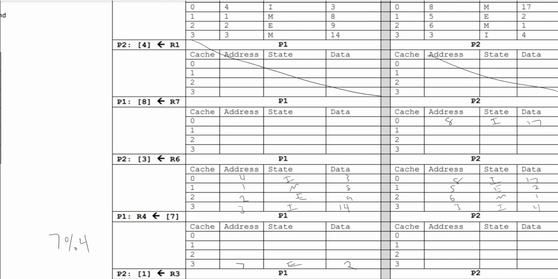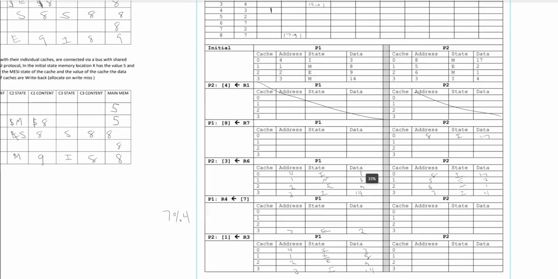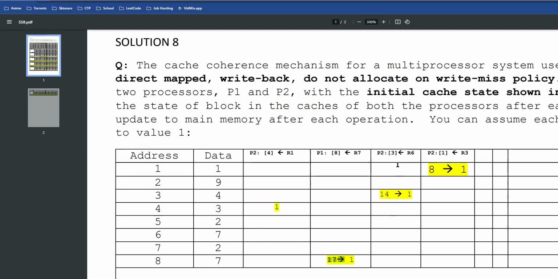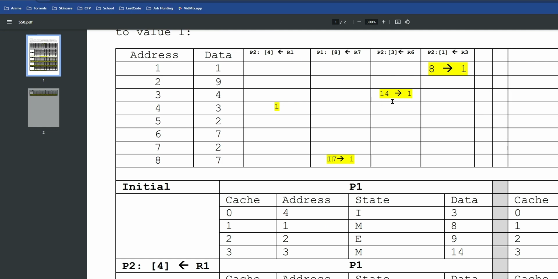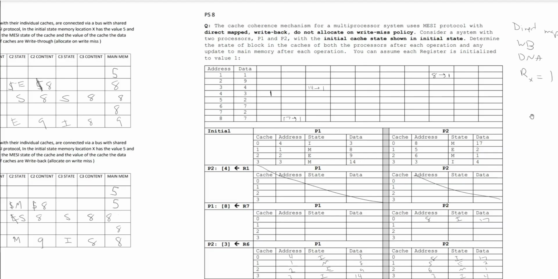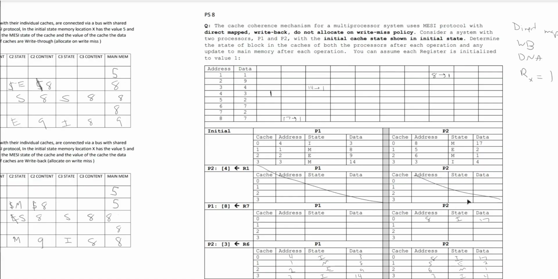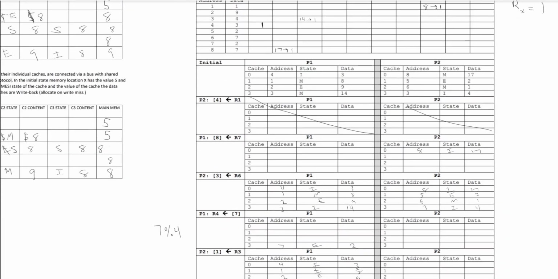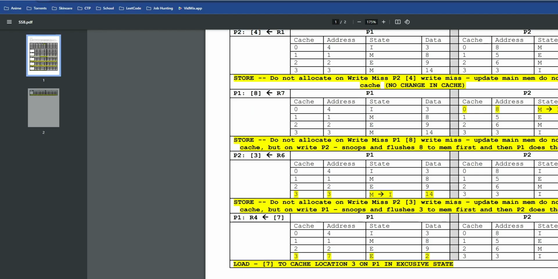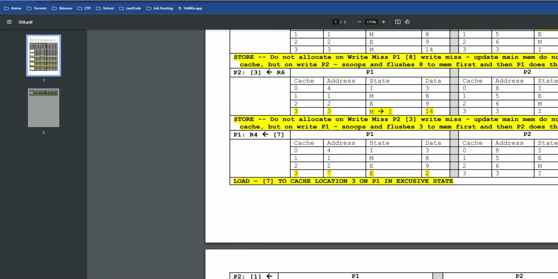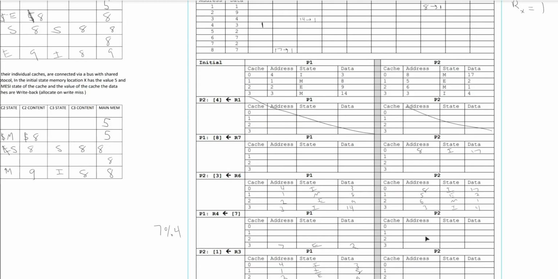2, 3, 5, E. This should still be the same. Okay, I think that's it, right? Is that what it was? Yeah. 17, 1, 14, 1, 8 to 1.